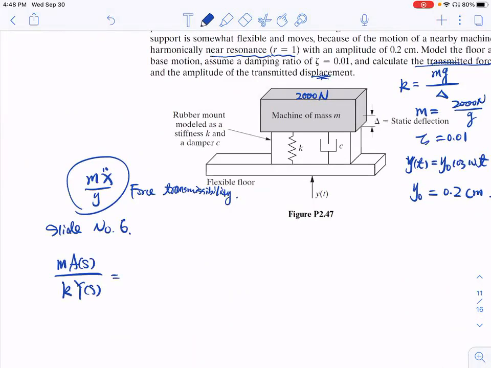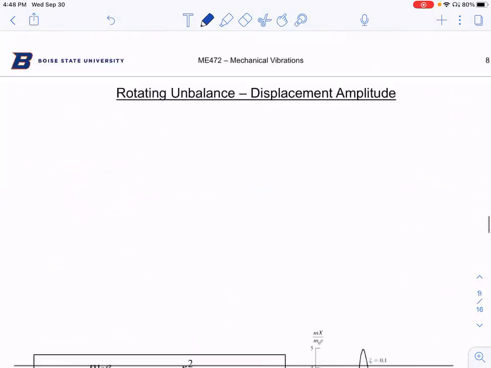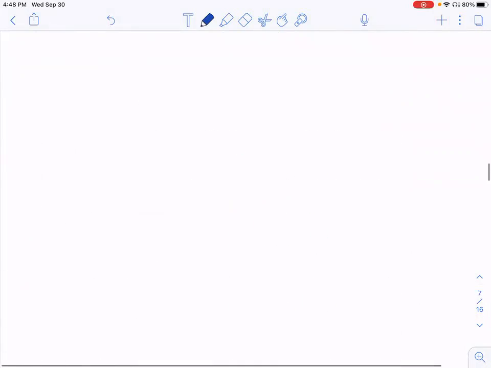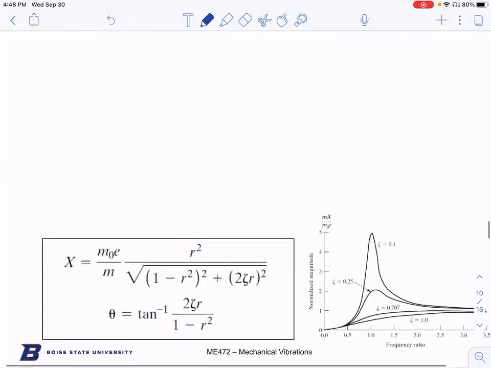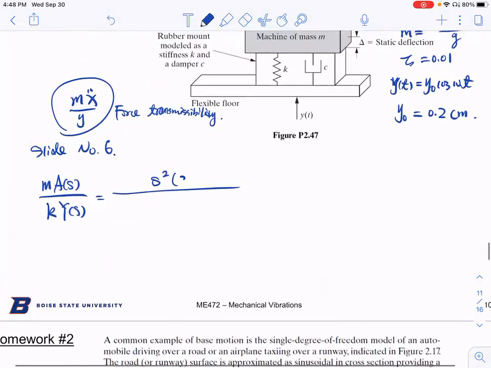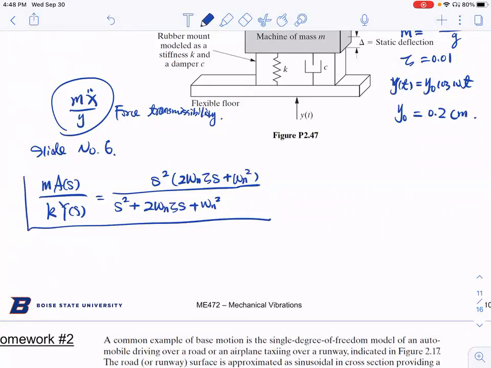That's going to give you s squared over, what's the ratio again? Okay. That's s squared over s squared plus 2 omega n zeta s plus omega n squared, with the 2 omega n zeta s plus omega n squared in the numerator as well. So that's your force transmissibility.